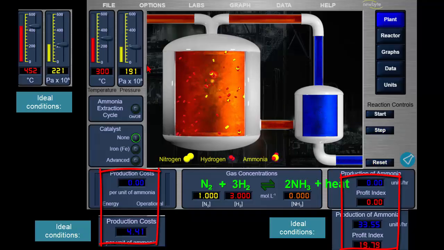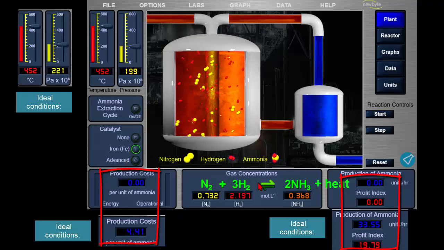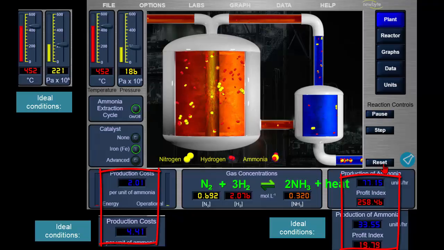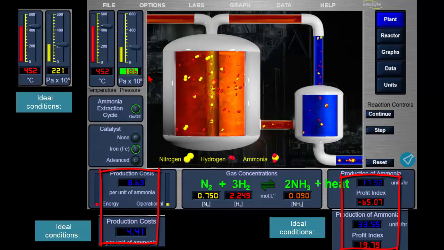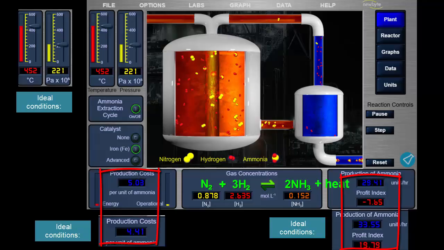So reset it, sorry, it's 452, 221. And there we go. It's a bit fiddly.